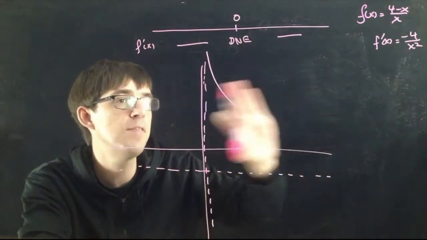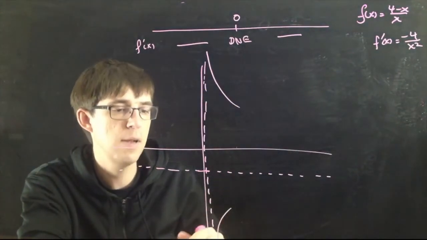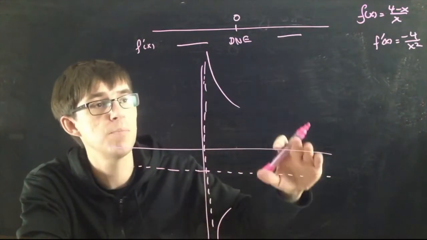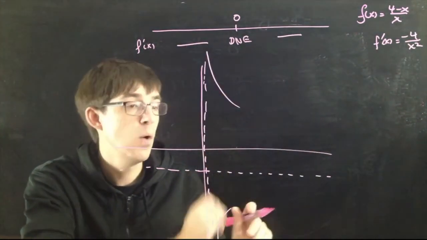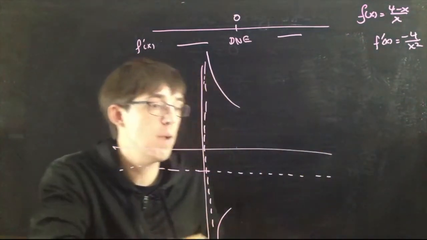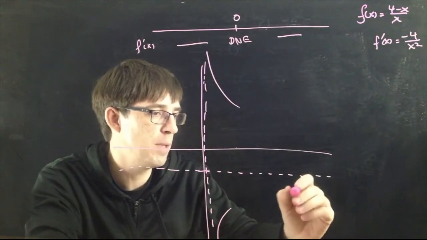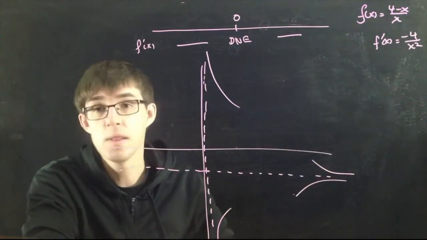So when we leave this asymptote, it either is going to look like that or it's going to look like that, right? Because that's how a vertical asymptote works. When we go further and further to the right, this graph must approach this line. Now, it might approach from below, so it might come like that, or it might approach from above, like that.